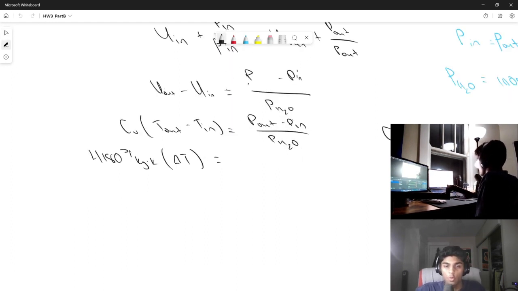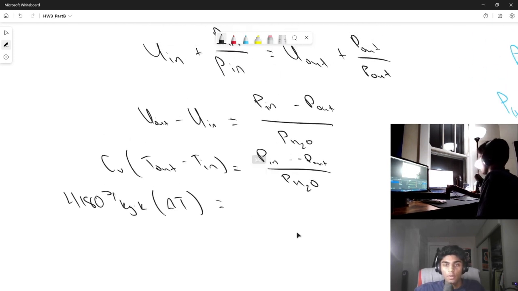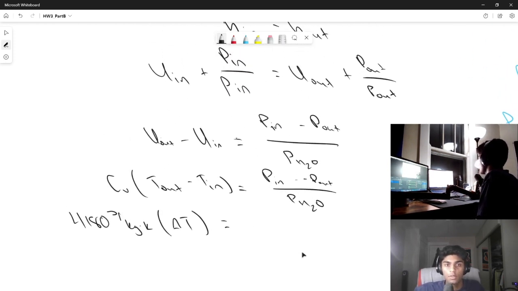Okay, hopefully this is working now. Pressure in. This is our pressure out. Pressure in. Pressure out. So, just double check. Out minus in here, in minus out there.